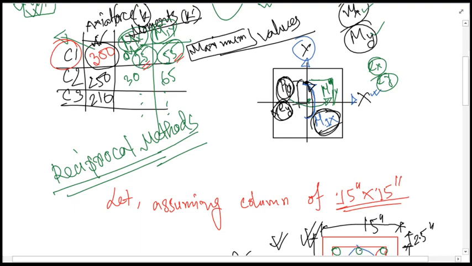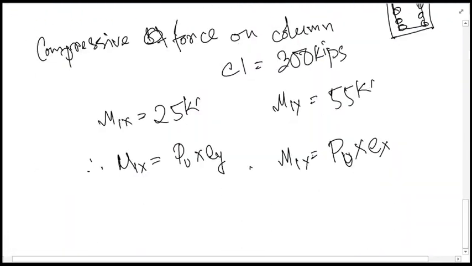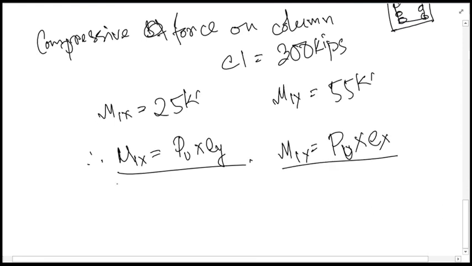So for M1X you multiply PU with EY, and for M1Y you multiply PU with EX, because in this direction the eccentricity is EX. These two are the formulas for us, and from there we need to calculate the eccentricity.